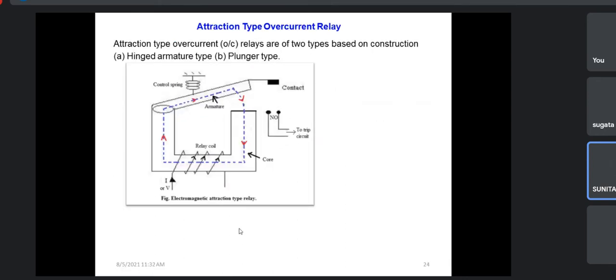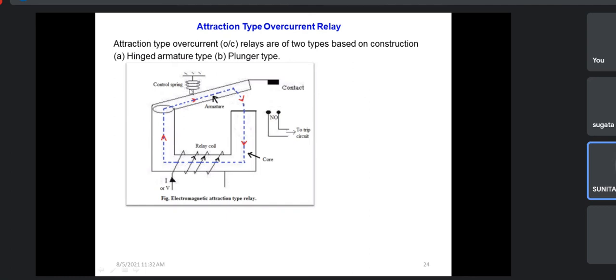So this is the attraction type overcurrent relay, because this moving portion is attracted towards the fixed part, and on the way it will close the circuit of the trip signal, the trip coil of the circuit breaker. So this is the simplest type of relay, and it is kept at the normal condition using a control spring.